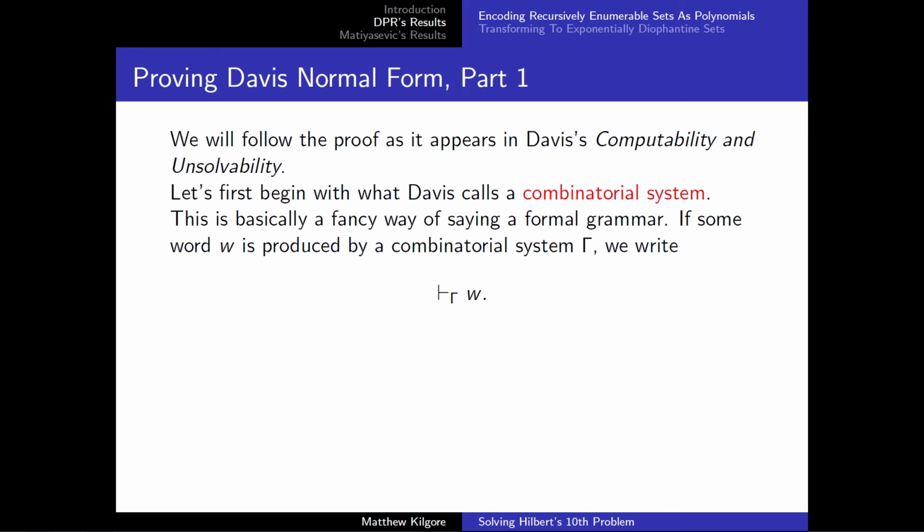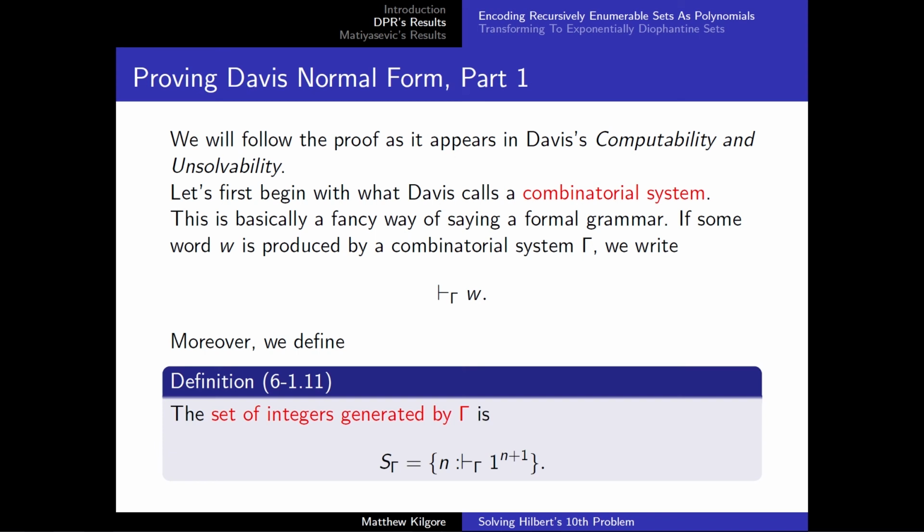If a word W is produced by a combinatorial system gamma, we write gamma proves W. Fairly simple to see why we do so. Moreover, we define the set of integers generated by gamma to be the set of all n such that gamma proves 1 repeated n plus 1 times. So now at least we can work with integers as usual.